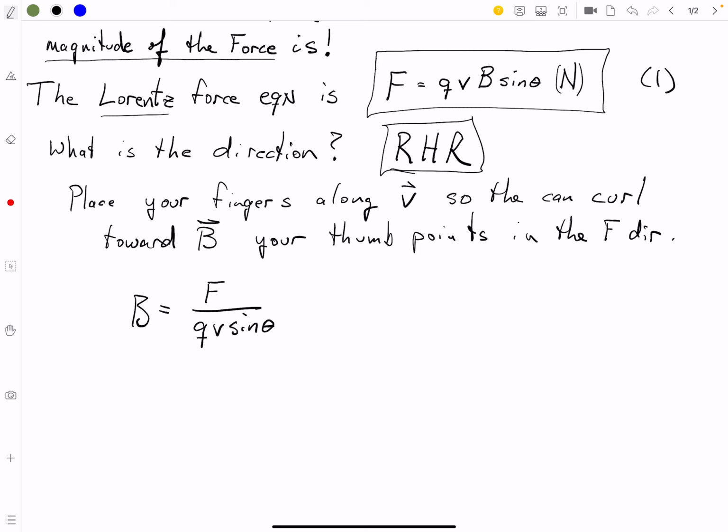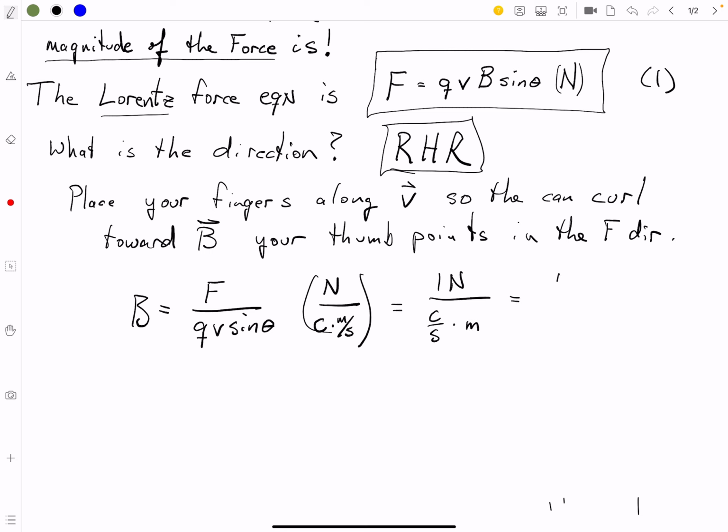If we look at this in units, we have newtons on top, charge in coulombs on the bottom, and meters per second on the bottom. That happens to equal 1 Newton, and we're dividing that by, here I'm going to do a little exchange, turning coulombs per second into amps.